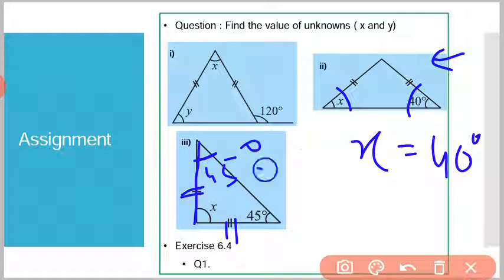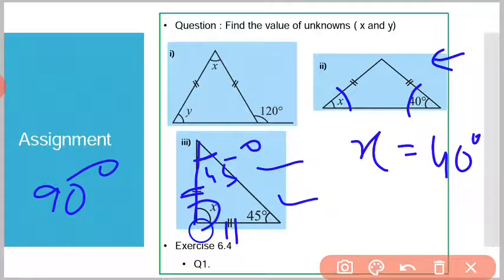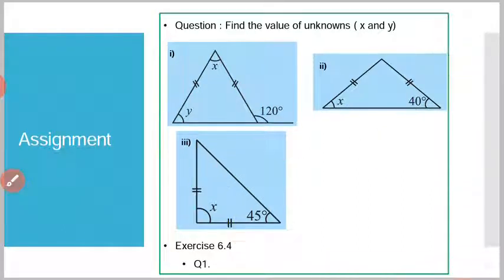So if this is 45 and this is 45, how much is it? It is equal to 90 degrees. So how much will x be? x will be equal to 90 degree. Write these steps for these questions. Why is this 45 degree? Because these are base angles opposite to equal sides.